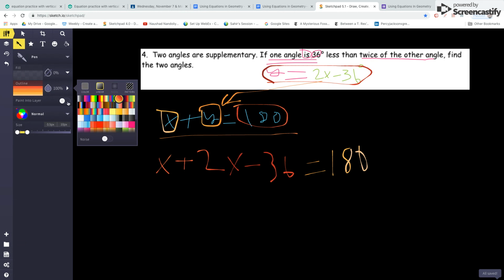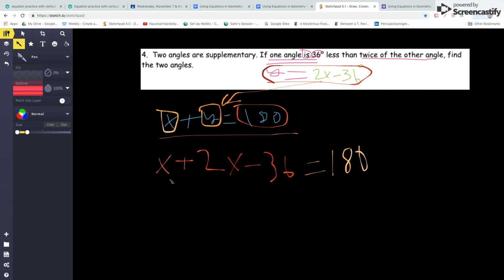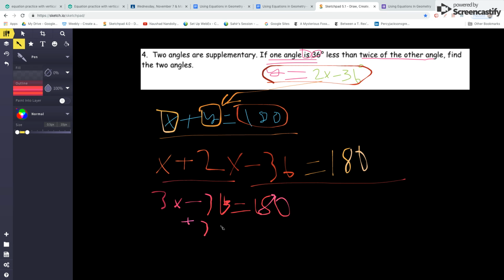Now, that tells us a lot about the situation, and here we can just continue solving this. So x plus 2x is 3x minus 36 equals 180. Now we can just do some basic math. Since it's subtraction, we just add 36 to both sides, so we'll cancel it out here.